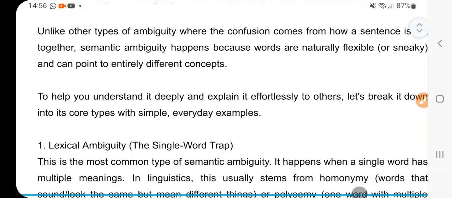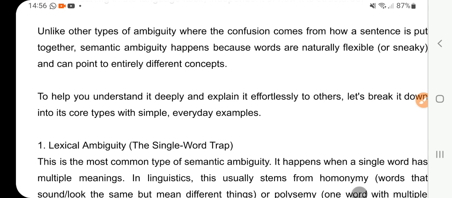Unlike other types of ambiguity where the confusion comes from how a sentence is put together, semantic ambiguity happens because words are naturally flexible or sneaky and can point to entirely different concepts.